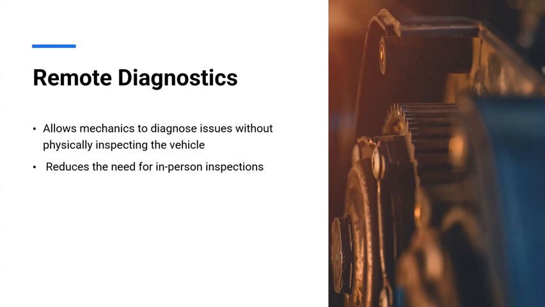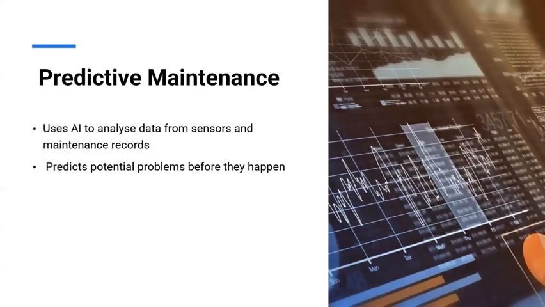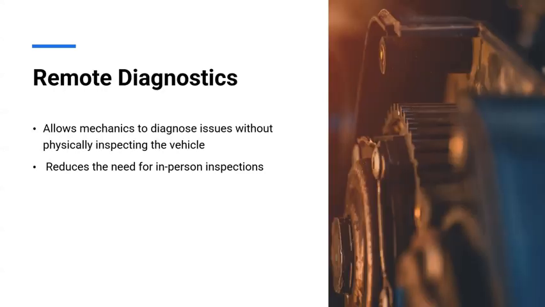In remote diagnosis, there is no installed AI in the vehicle; the AI is doing the work over the server. That is your remote diagnosis. It allows mechanics to diagnose issues without physically inspecting the vehicle, reducing the need for in-person inspection.